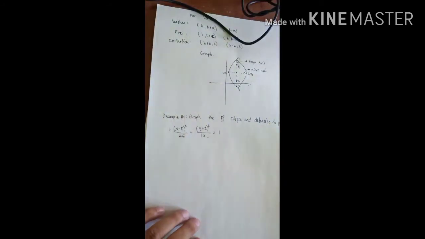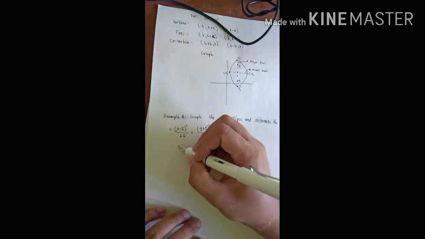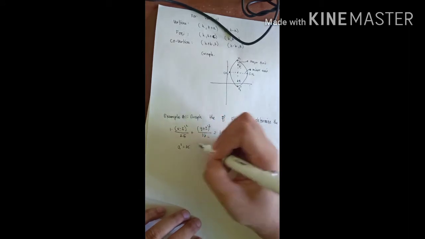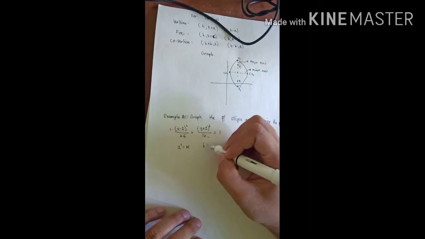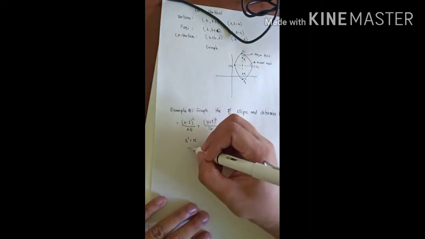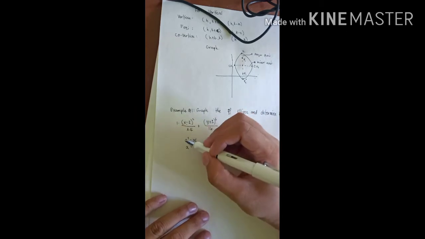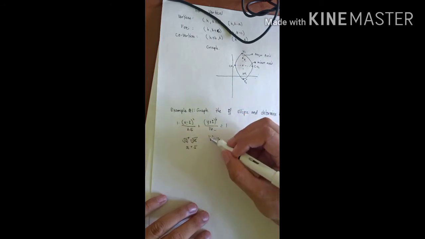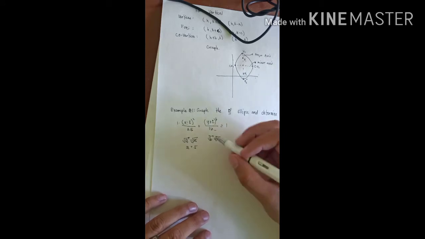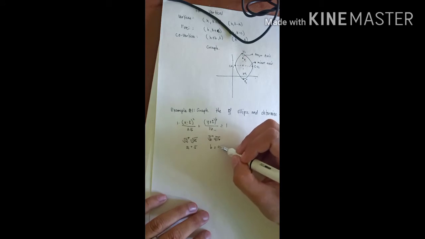So, in here, since ang partner ni x is mas malaki, meaning si 25 is our a squared, and our b squared is equal to 16. To find a, square root lang natin to. So, square root of 25 is 5, and square root of b squared, square root of 16, we have b is equal to 4.